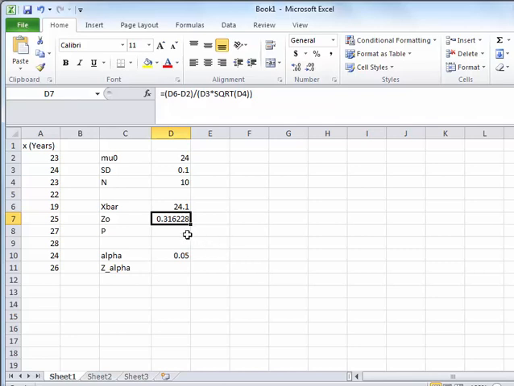And we get a z naught of 0.316228, and then we want to solve for our probability and our z alpha so that we can determine whether or not we can reject or accept the null hypothesis.